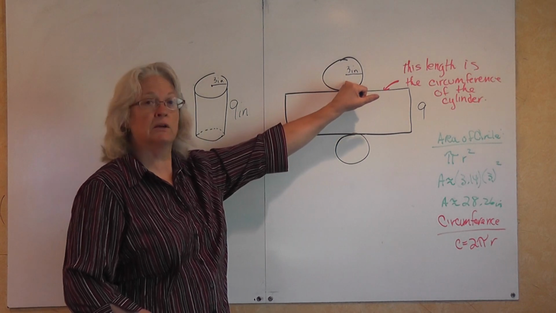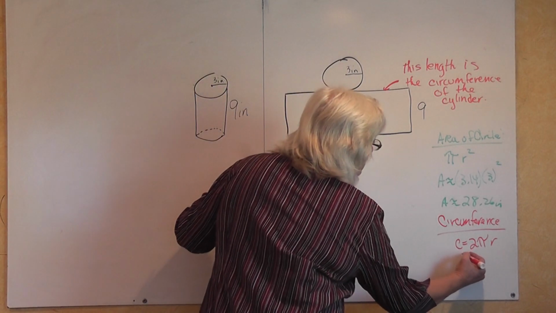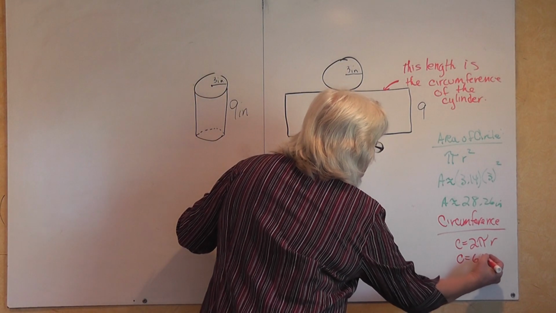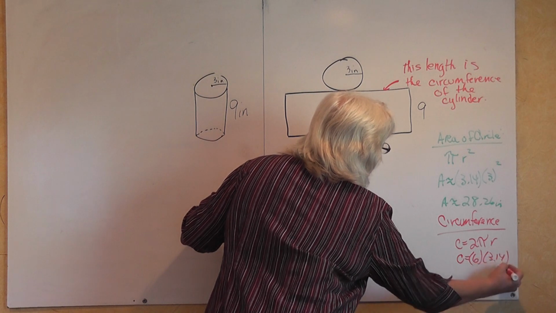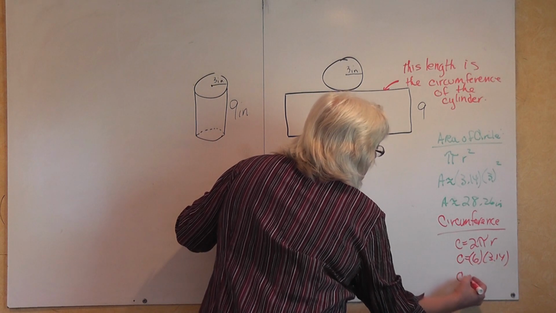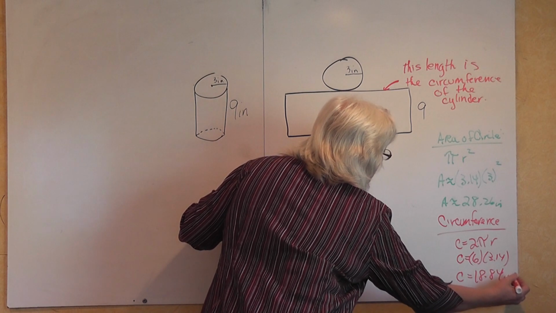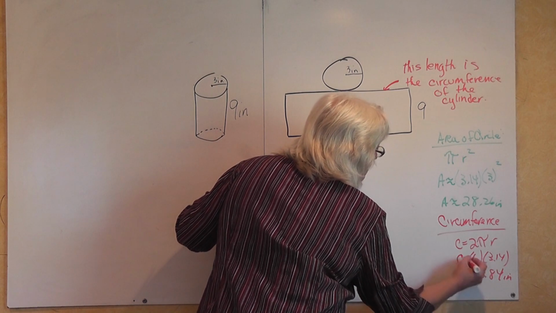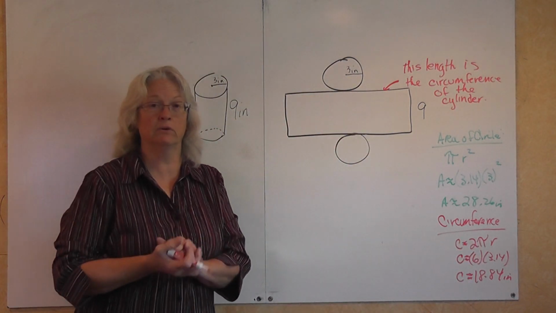We're given the radius, so the circumference of the circle then is 6 times 3.14, 18.84 inches. Now once again, it's approximately, because we're saying that pi is equal to 3.14.